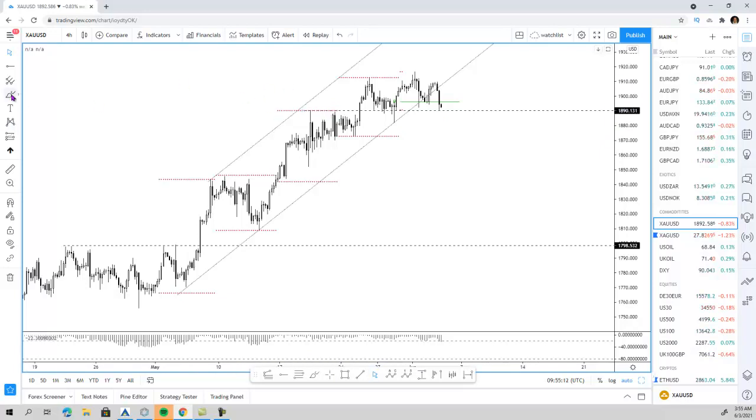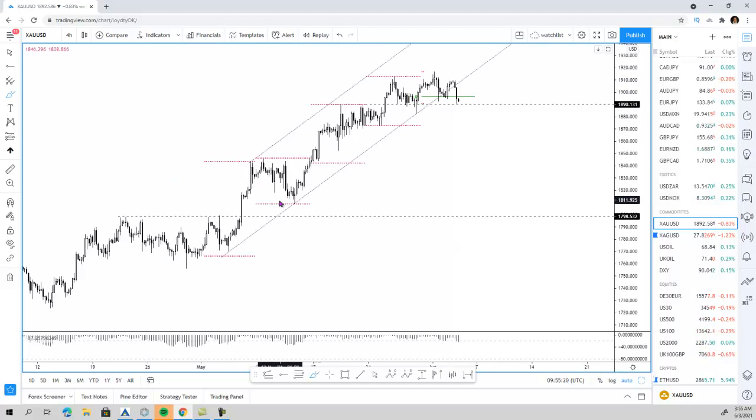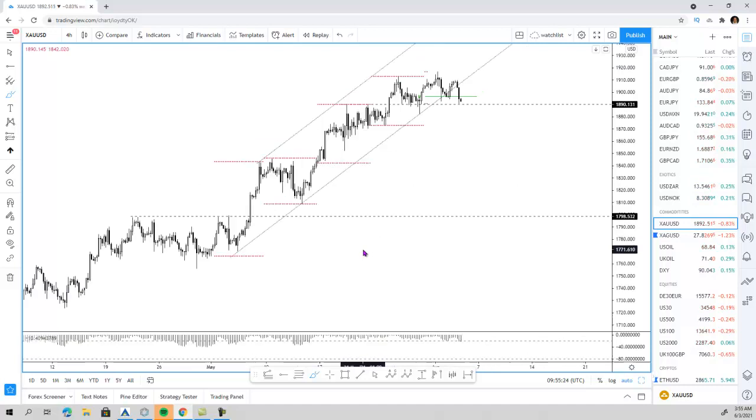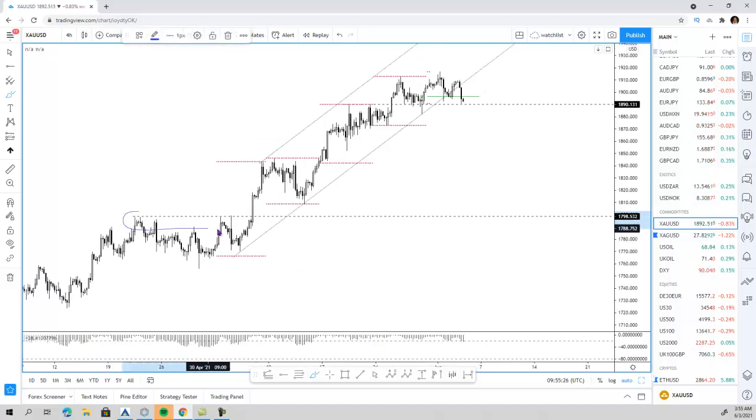Because if price breaks with these highs, we are going to look for sales. If you look at the structure, historic price action gives you clues. The last time that gold was being capped to the upside by a level, when it broke, it moved.